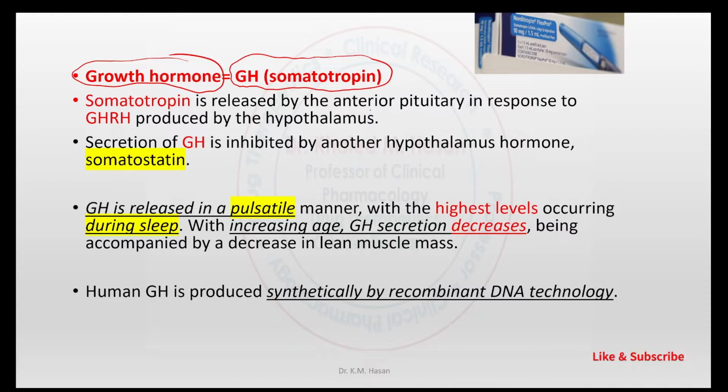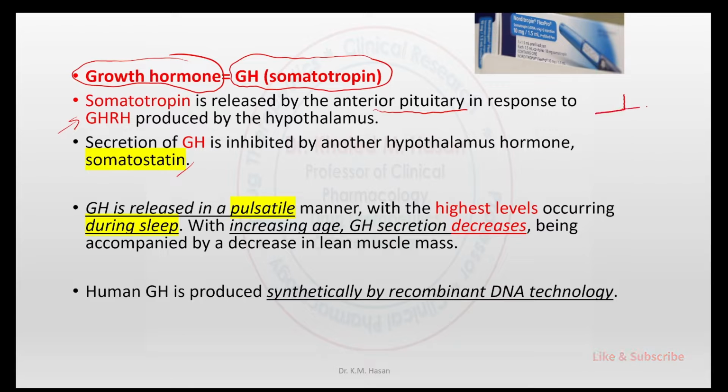Somatotropin is released from the anterior pituitary lobe in response to GHRH. We discussed that in part 1, in the endocrine overview. So the GHRH stimulates the GH from the anterior pituitary lobe, and GH release is also inhibited by somatostatin.